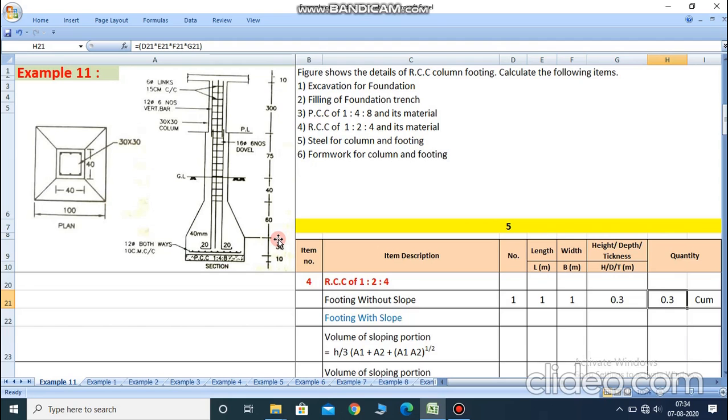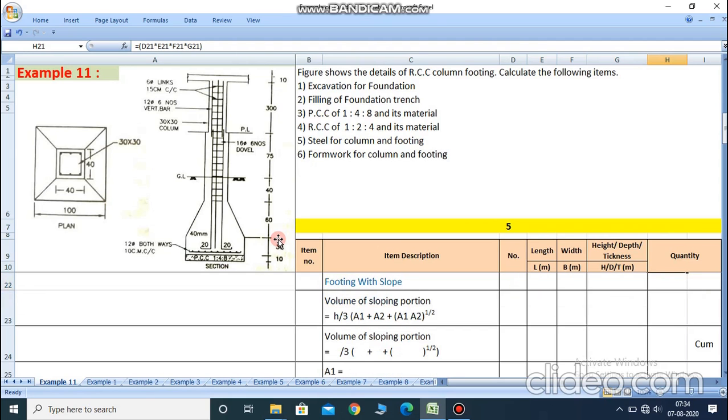Now we calculate footing with slope. Here the upper part is smaller and the lower part is larger. The upper part dimension is given as 0.4 by 0.4 and the lower part dimension is 1 meter by 1 meter.